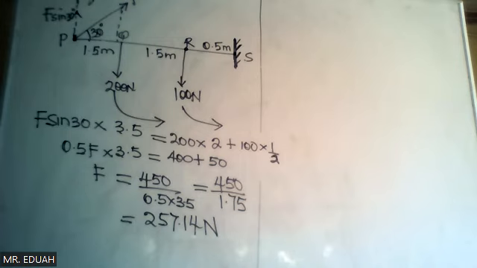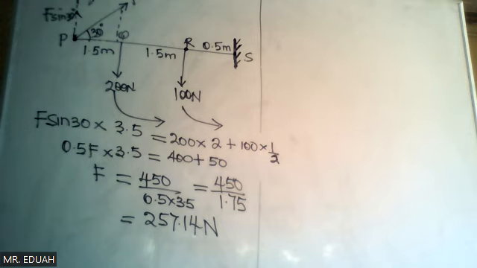Miss Lydia, please, can you go back a bit? So a horizontal uniform rod of mass 5 kilogram and length 2 meter is supported at each end by wires suspended from a ceiling.